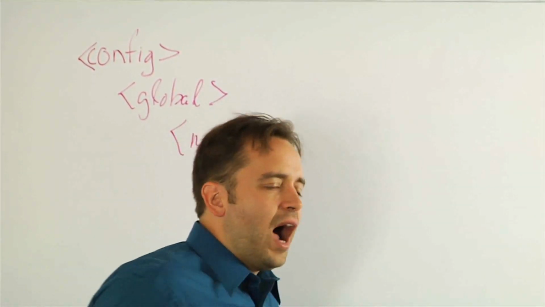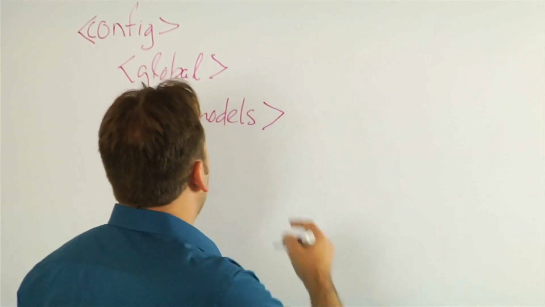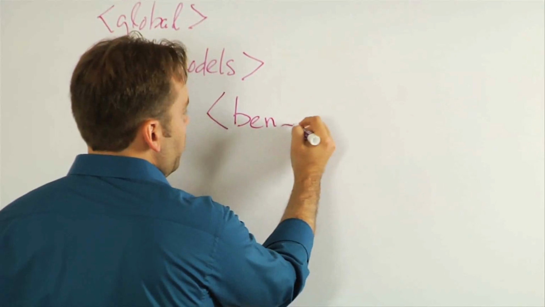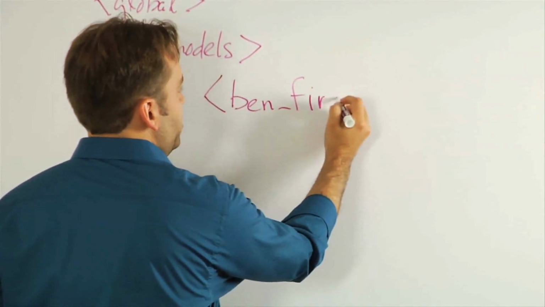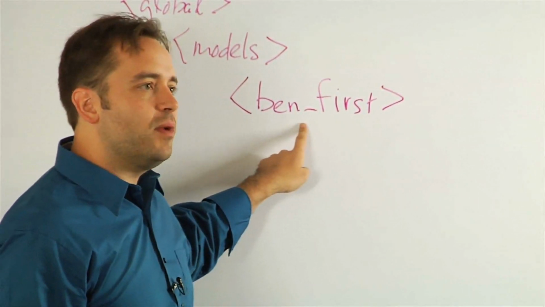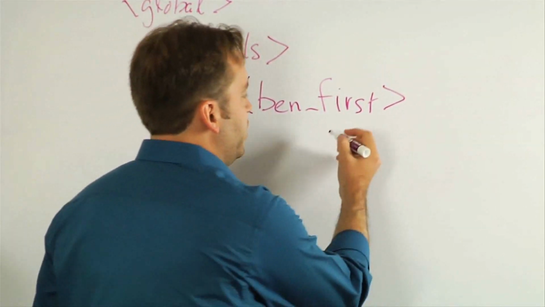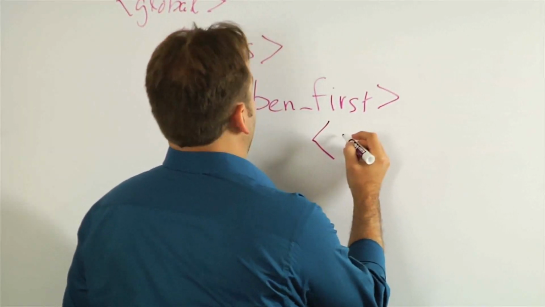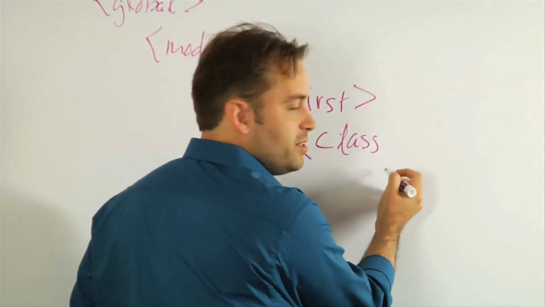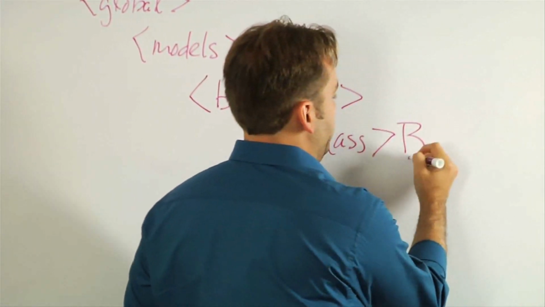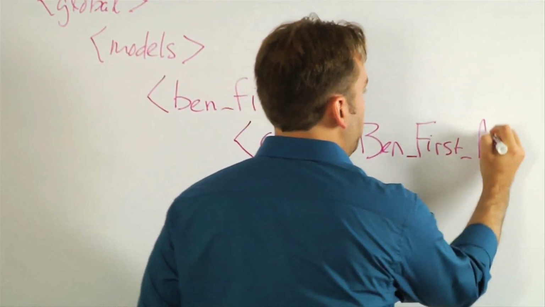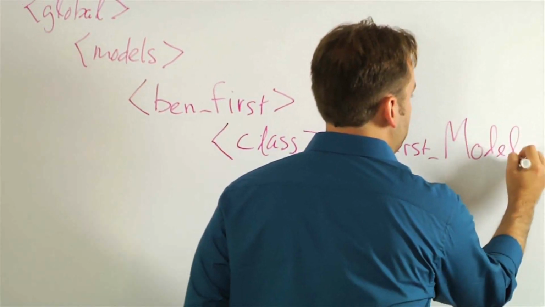And then let's say, you know, I like the namespace module convention, so I'll say config global models, and then in the case of my narcissistic example module, we'll say that's my class group name. So of course then in here I would specify class, and then of course Ben first model. Okay?